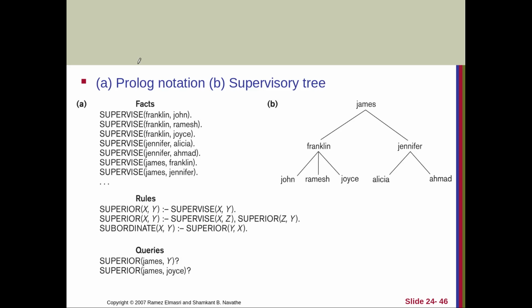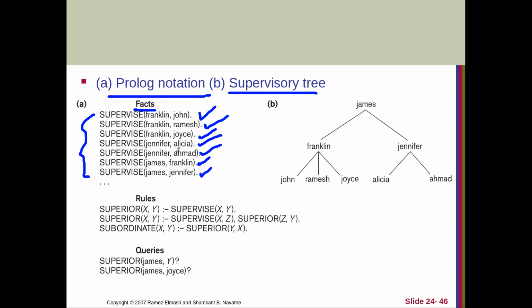So we will see some examples and how it can be represented by using a supervisory tree. The same facts, how they can be represented by a supervisory tree. So these are the real facts available: Franklin supervise John, Franklin supervise Ramesh, Franklin supervise Joyce, Jennifer supervise Alicia, Jennifer supervise Ahmad, James supervise Franklin, James supervise Jennifer.